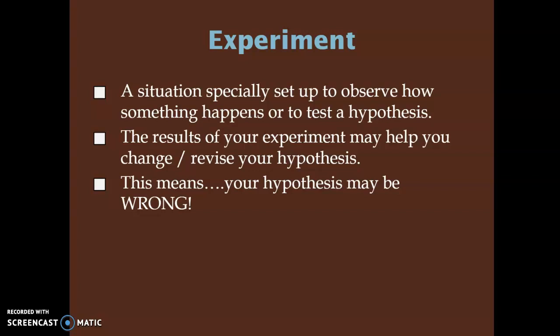You have to remember that the results of your experiment may change your original claim, which means that you could be wrong. And there's a lot of wrong in science. But again, that's why it's so important to recognize that the scientific method is a cycle and it's not linear. You have to keep on going and asking and revising until you arrive at your truth.